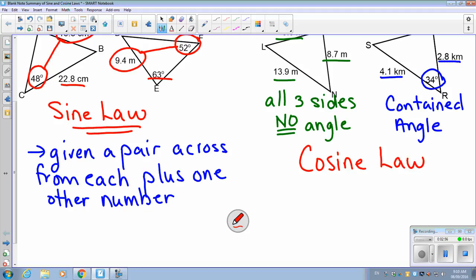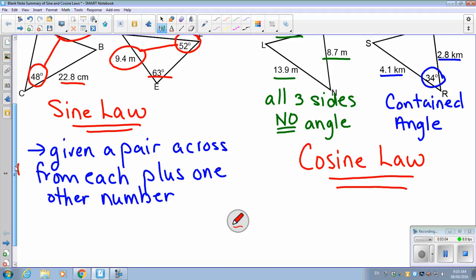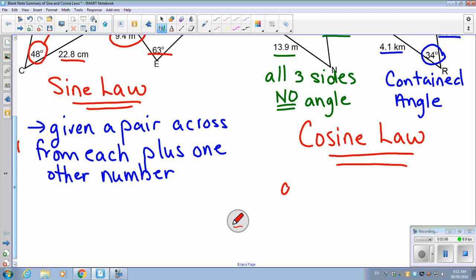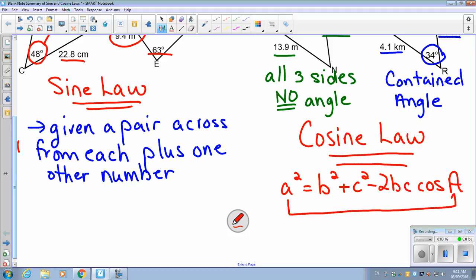And if you recall, when we did the cosine law, there are 2 versions of the cosine law. One version is to calculate a length. Looks something like this. The letters don't really matter, as long as you're remembering that the side you're calculating and the angle in the formula are across from each other.